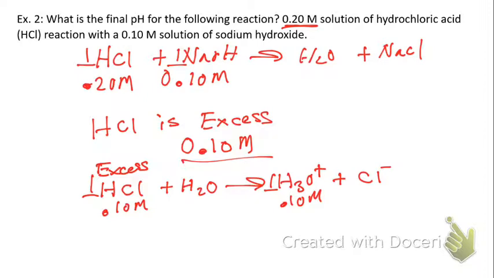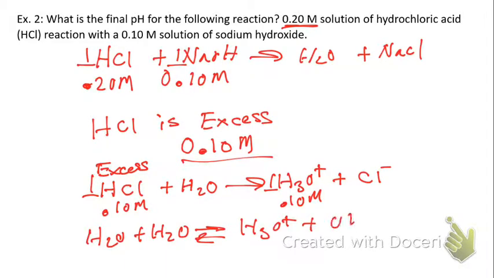Remember, strong acids, which HCl is, completely ionize or dissociate in the presence of water, which is the base. All right. So the only other reaction going on is water autoionization, to form hydronium ions plus hydroxide ions. Now, the hydronium ion concentration from this is only going to be 10 to the -7 power. So that's really small compared to the 0.1 molar.